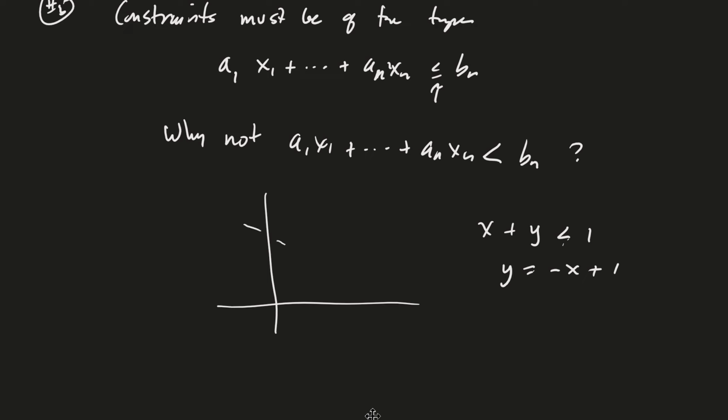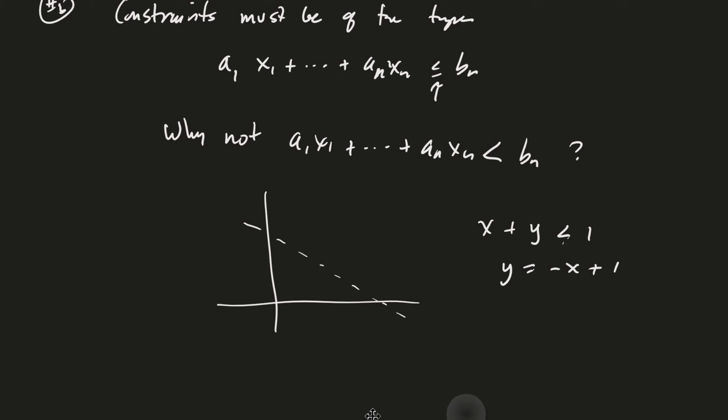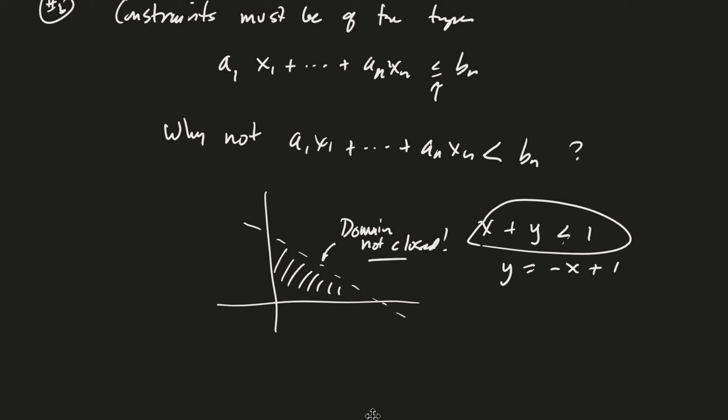So I would end up with a dotted line here. And do you remember what we said about that? If this is the set of points that we have for our domain, then the domain is not closed in this case. So this does not work for a good domain.